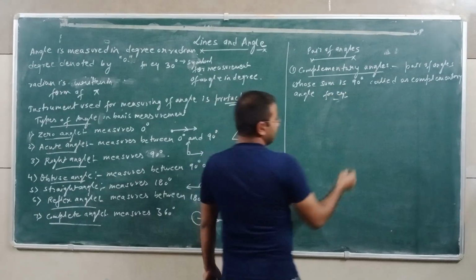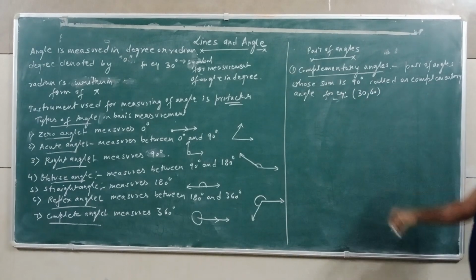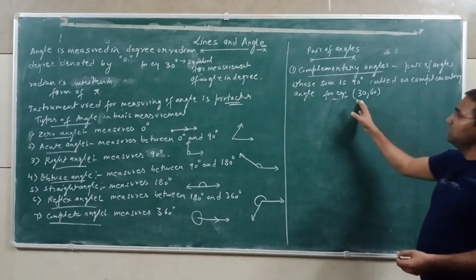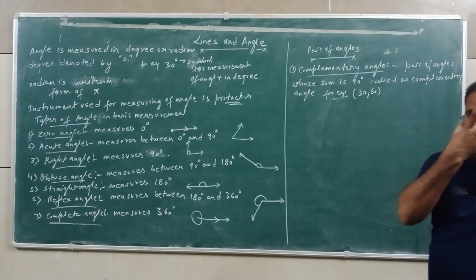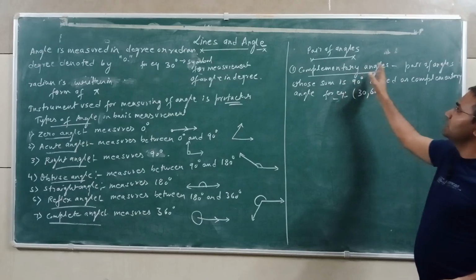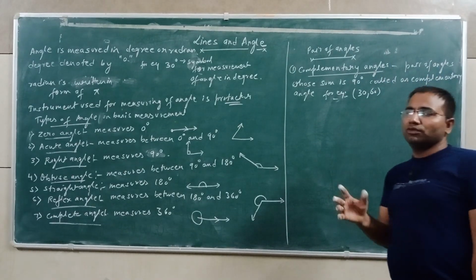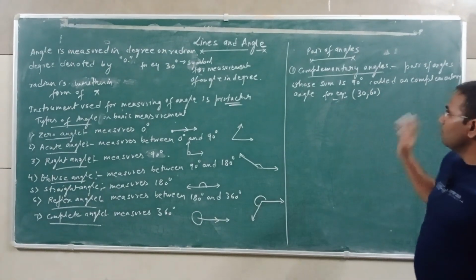For example, see here, suppose 30 and 60. 30 and 60 are complementary angles of each other. How? If you take the sum of 30 and 60, what will come? 90 will come. And the definition of complementary says that a pair of angles whose sum is 90 degree is called complementary angle.